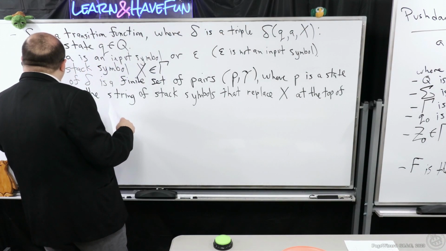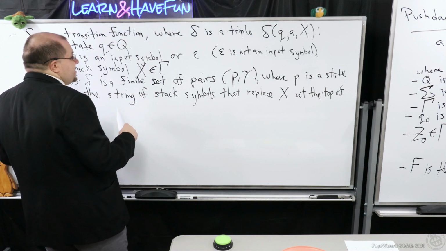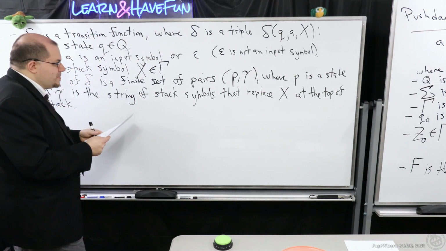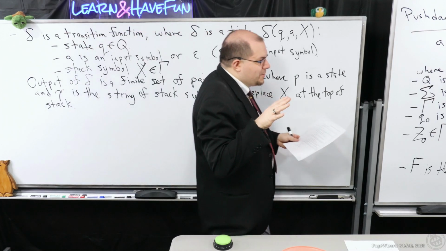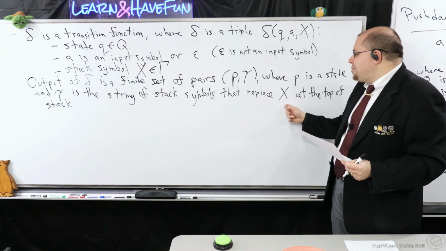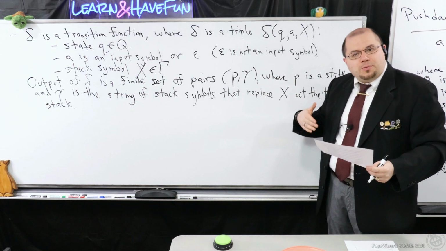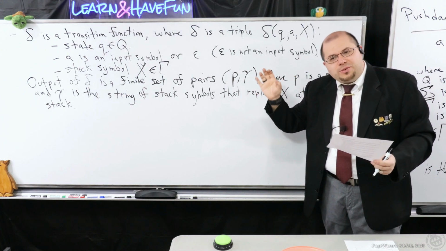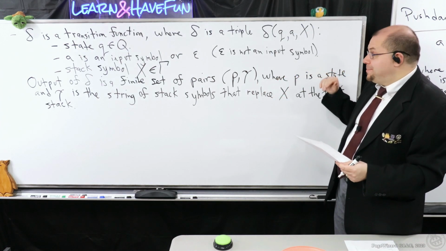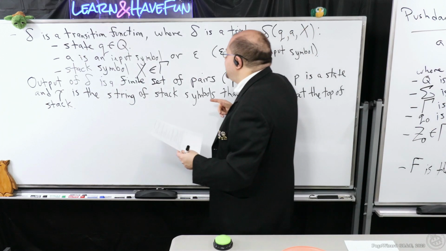So now do you see what X's role is? Top of the stack. Whatever comes out as part of these pairs is going to replace X, just like how we talked about what happens on a transition: it replaces the top of the stack. And those cases are going to come up now, just a little bit more formally.